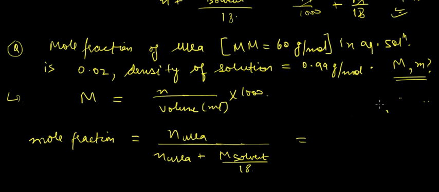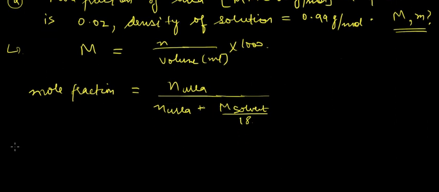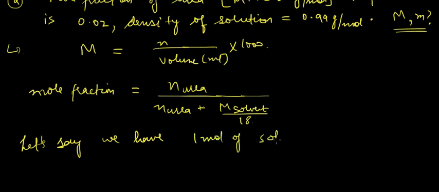Let's not get into the variables. We can directly assume that, as the mole fraction of urea is 0.02, we have one mole of solution.